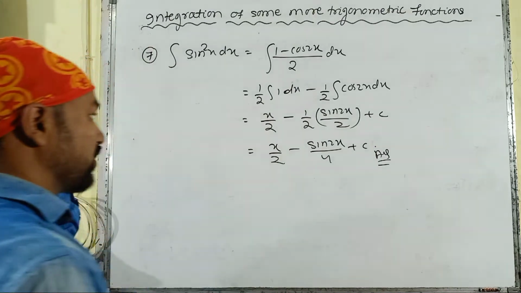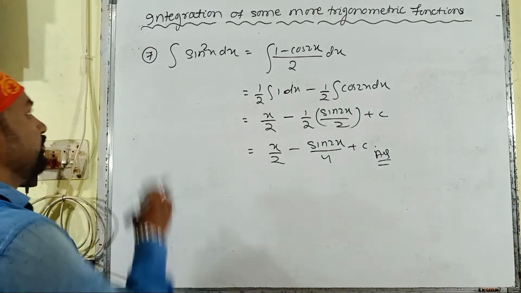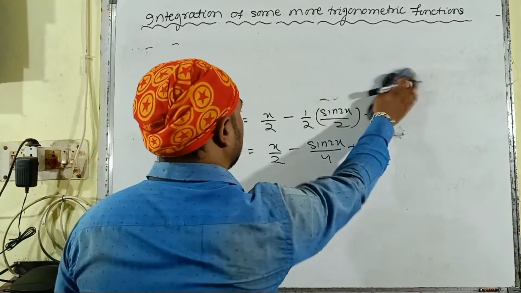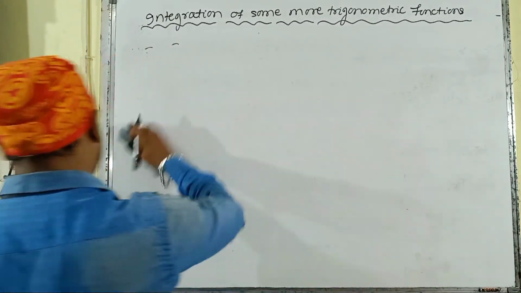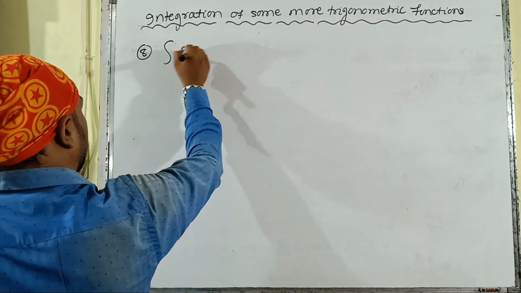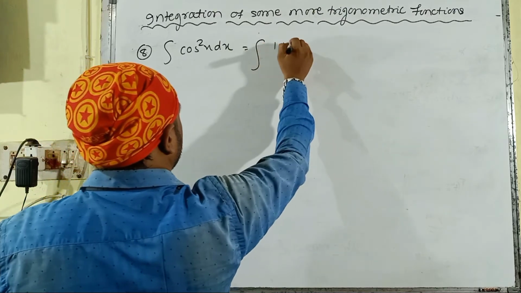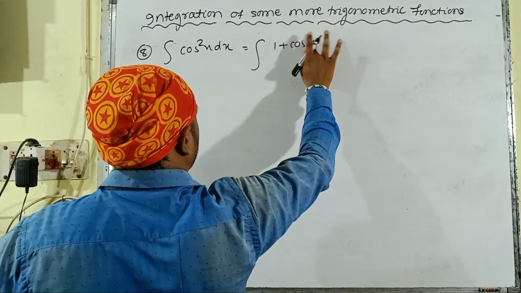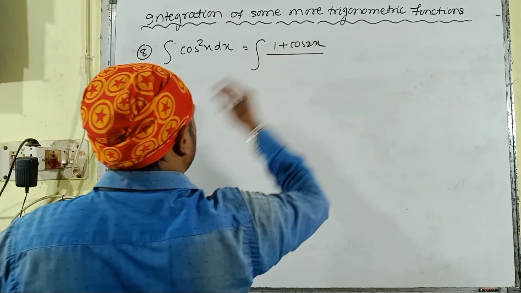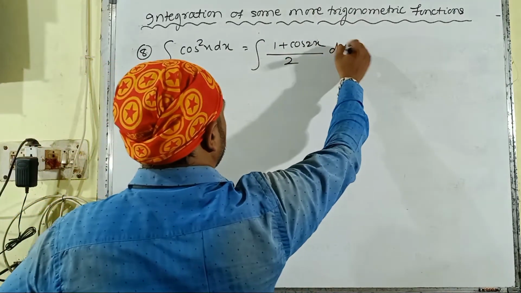Then let us go through the integral of cos square x. It is the problem number 8, integral of cos square x dx. First of all we have to apply the value of cos square x, and it is 1 plus cos 2x divided by 2.